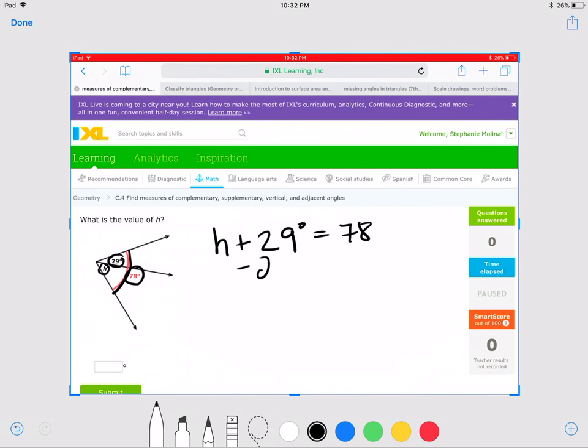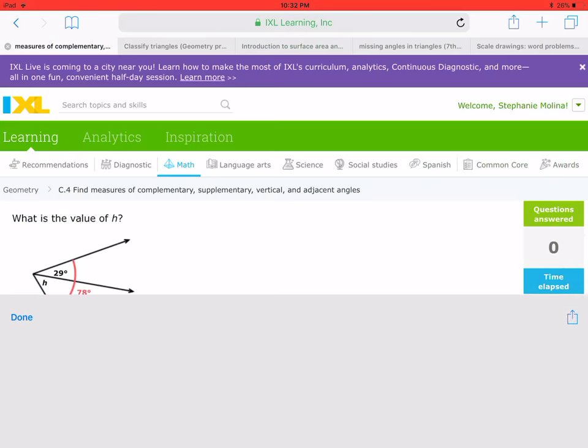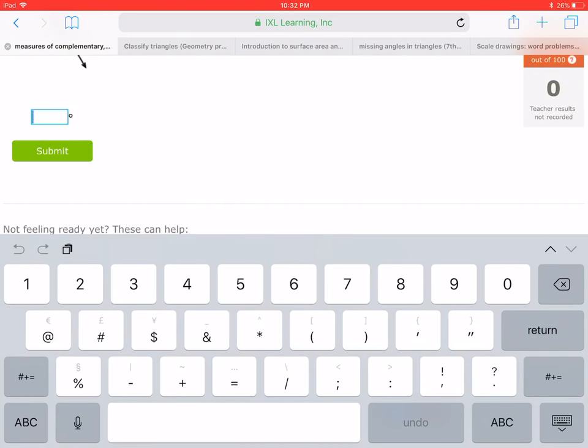You just subtract 29 on both sides to isolate the variable, and then you get h is equal to 49 degrees. So if you type in 49 degrees, you should get the solution. Let's see.